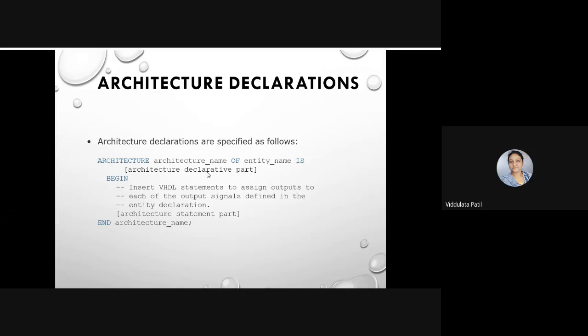This is the optional part. Then there is the keyword begin, and then we use certain VHDL statements to assign outputs. After that, we end the architecture using the end keyword, then the architecture name followed by a semicolon.